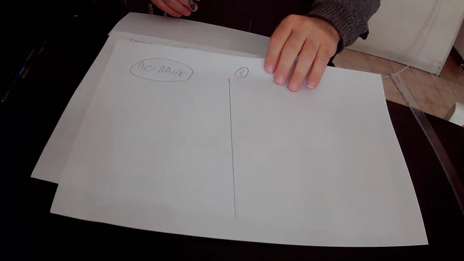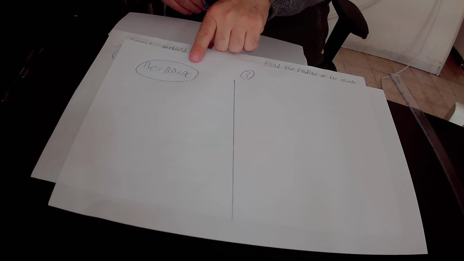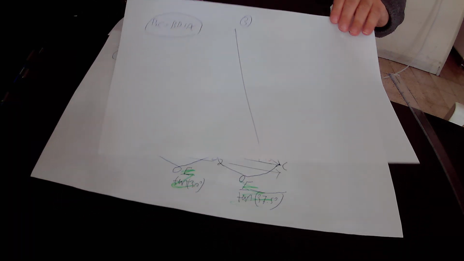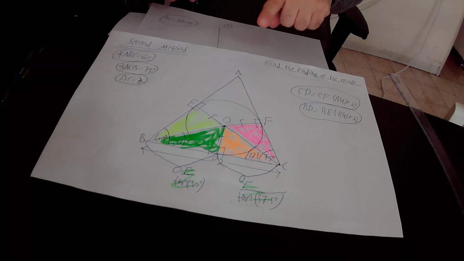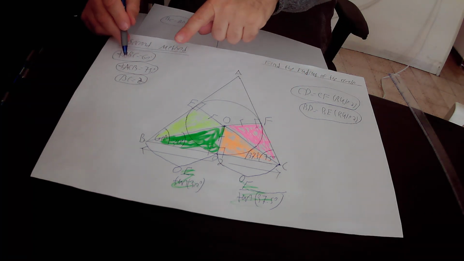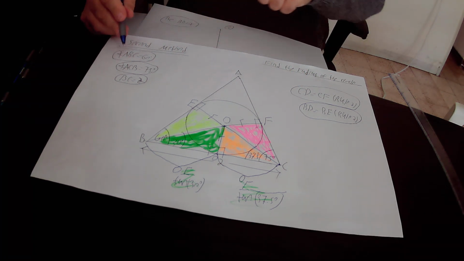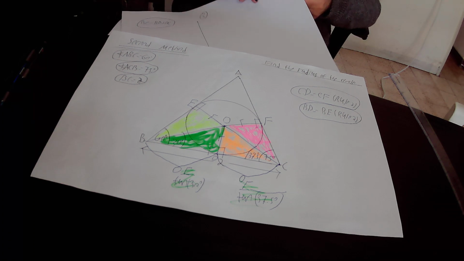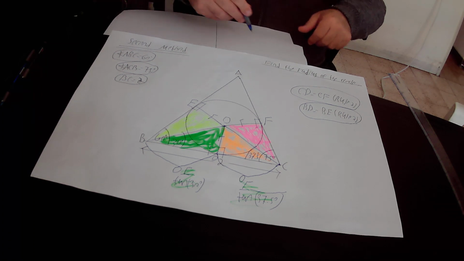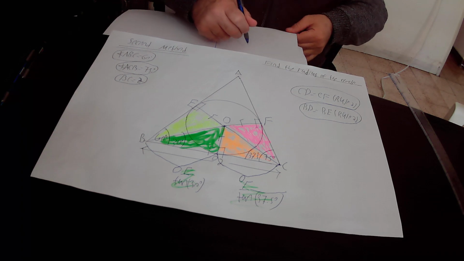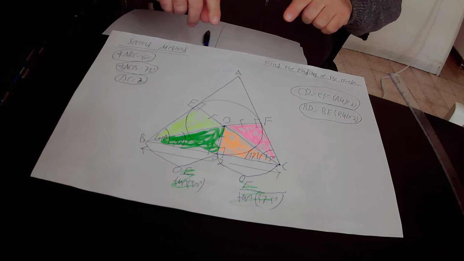BC equals 2 according to what is given in the question, so we substitute BC by 2, and it equals BD.